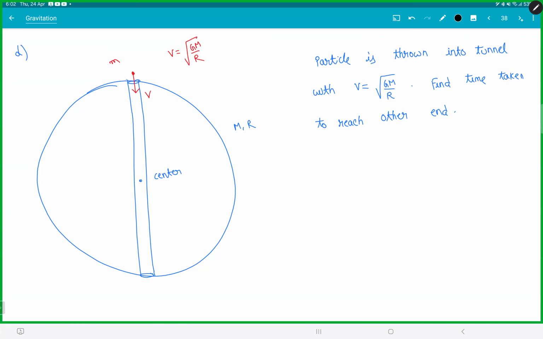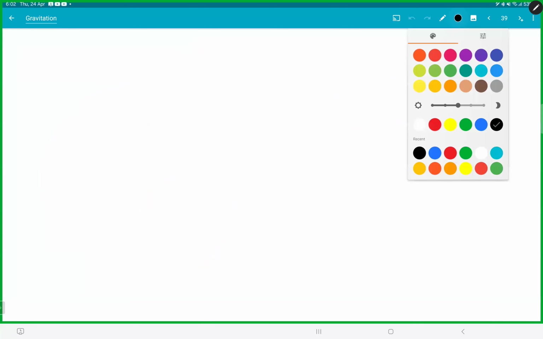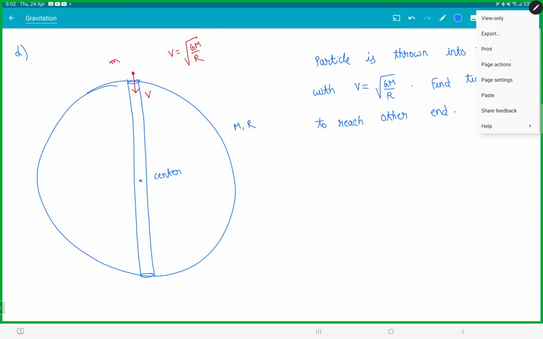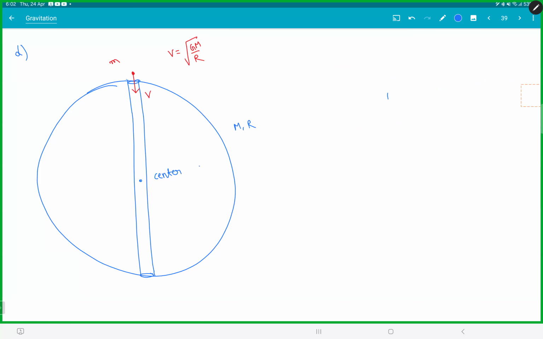Let's see. So this thing is falling. Now, let's first of all prove it is still an SHM. Meaning you need to understand it really doesn't matter, Max doesn't care what your initial velocity was here, but let's still prove it just in case.